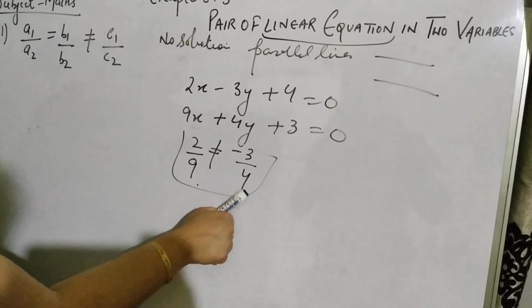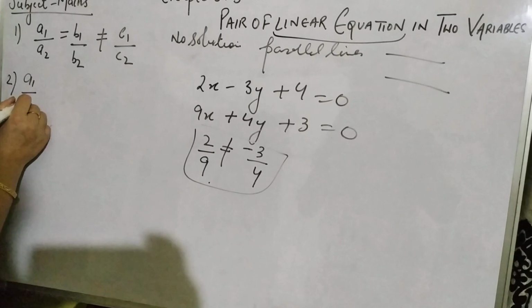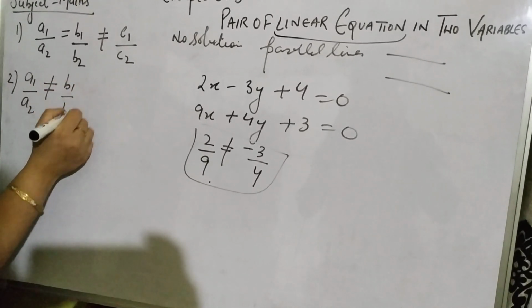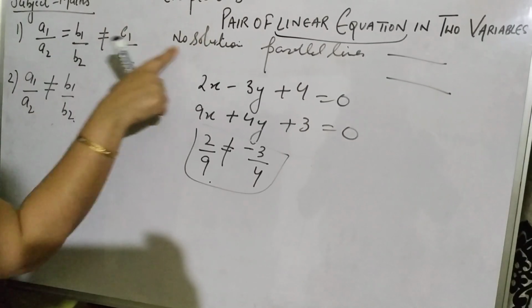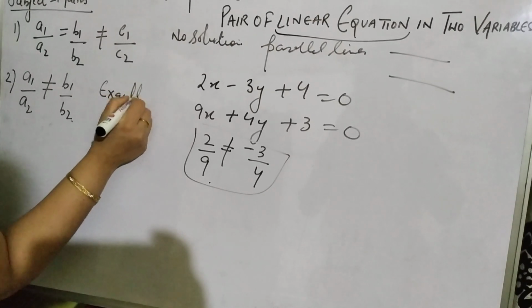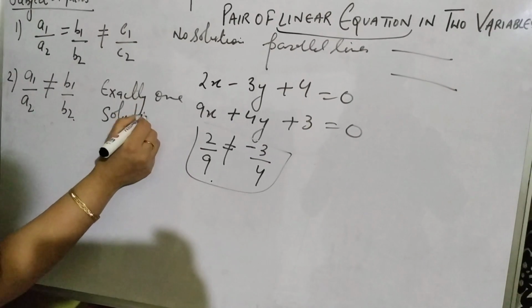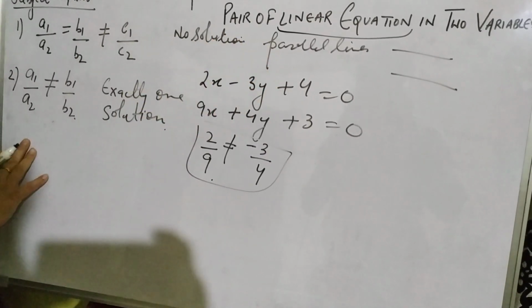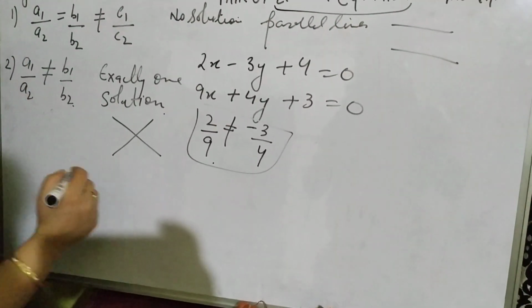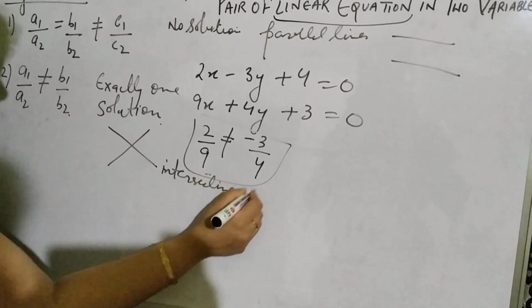In this case, exactly one solution will be there, and the graph of this type of equations will be intersecting lines.